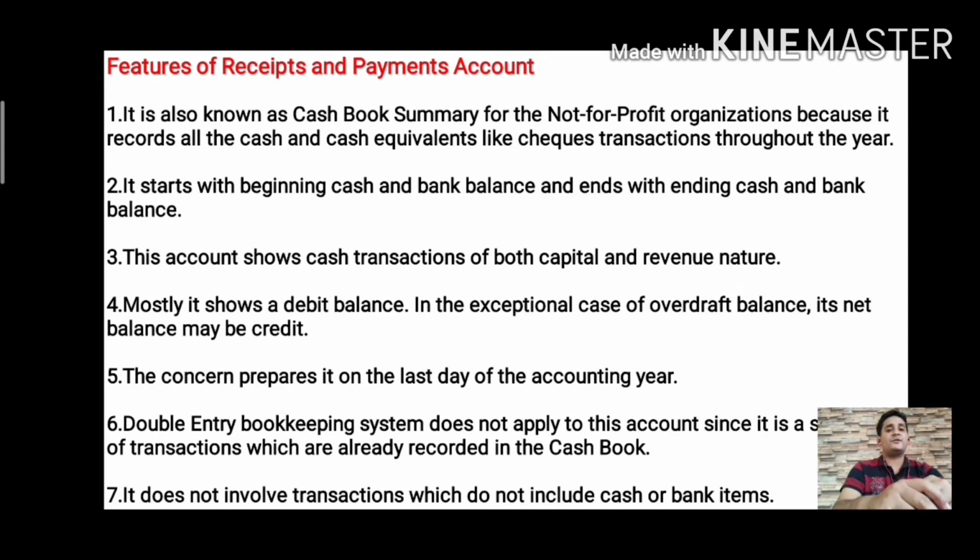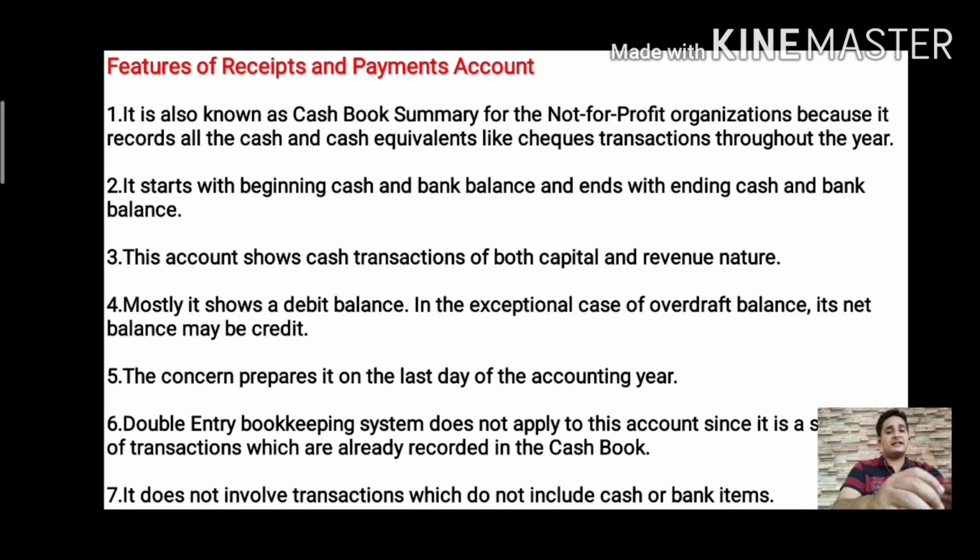Point number 4: mostly it shows a debit balance. In the exceptional case of an overdraft, its net balance may be credit. While preparing the receipts and payments account, it always shows a debit balance, meaning the debit side is more than the credit side, so your closing balance comes under the credit side.